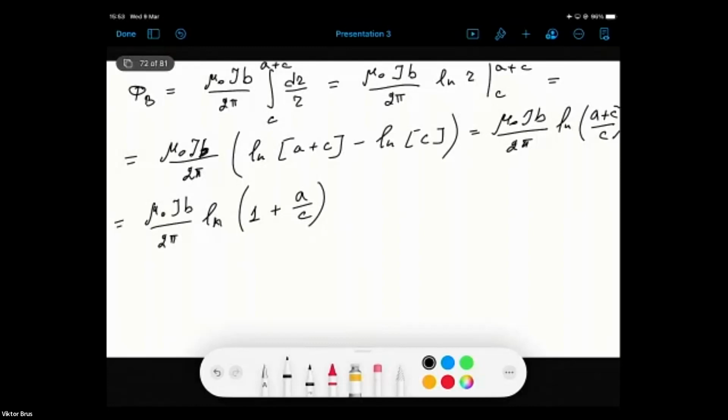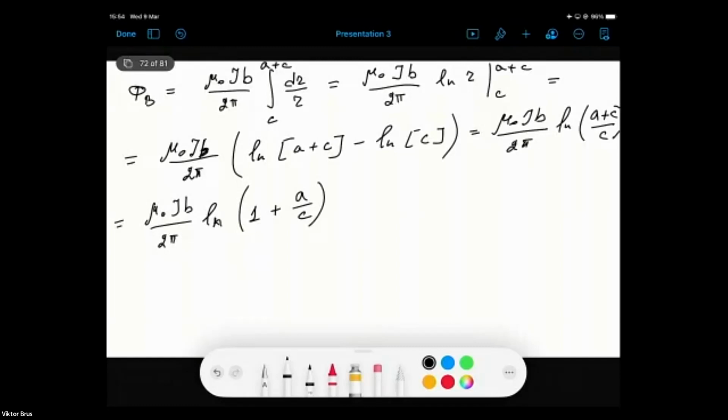What is important to highlight is that we can compare this Gauss law in magnetism with Gauss law in electricity, and we remember that electric field flux through a closed surface depends on how much electric charge we have inside, and which sign of electric charges we have inside the closed surface.